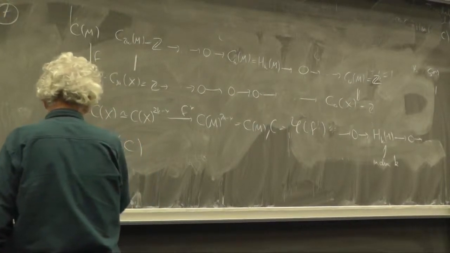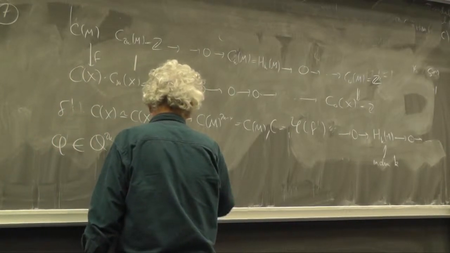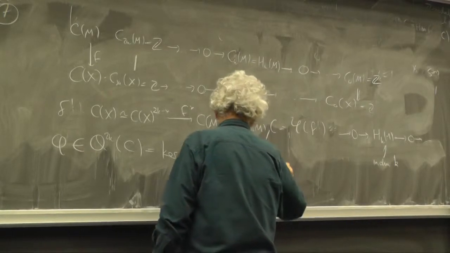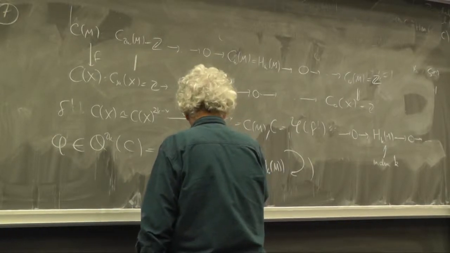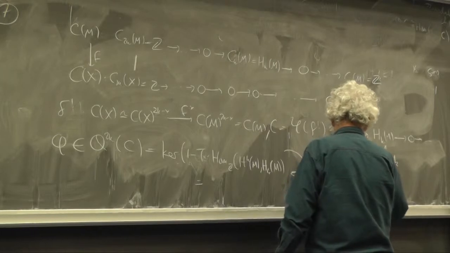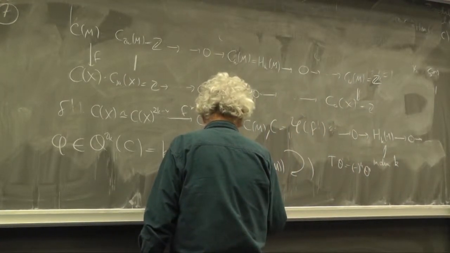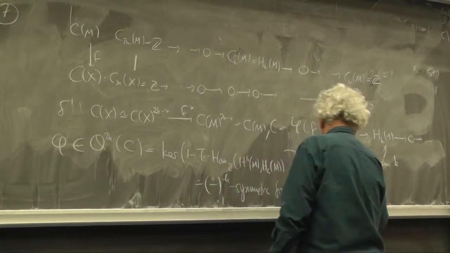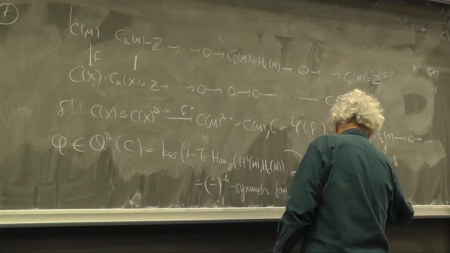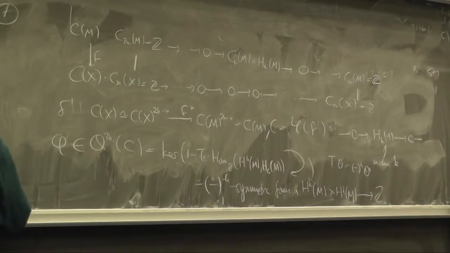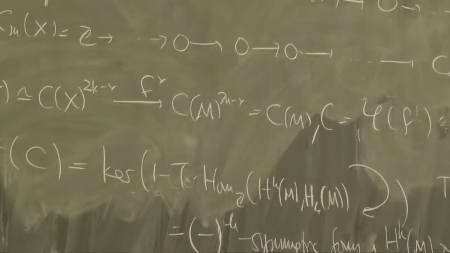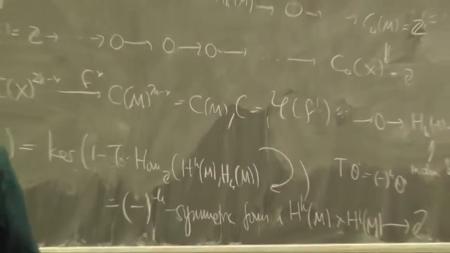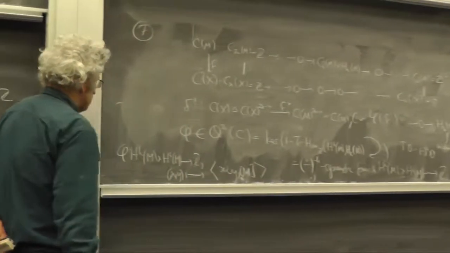Now, let's go. So our chain complex, where we're going to look at symmetric and quadratic structures, is given by this. So these are the (-1)^k symmetric forms. The symmetric structure is the standard form, because that's just the cup product pairing.